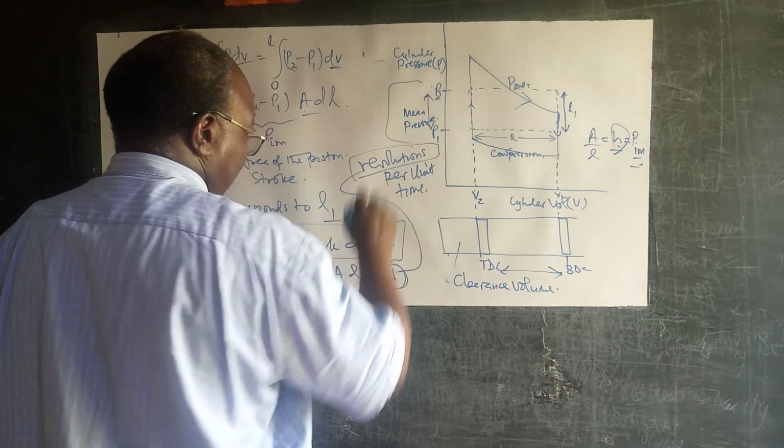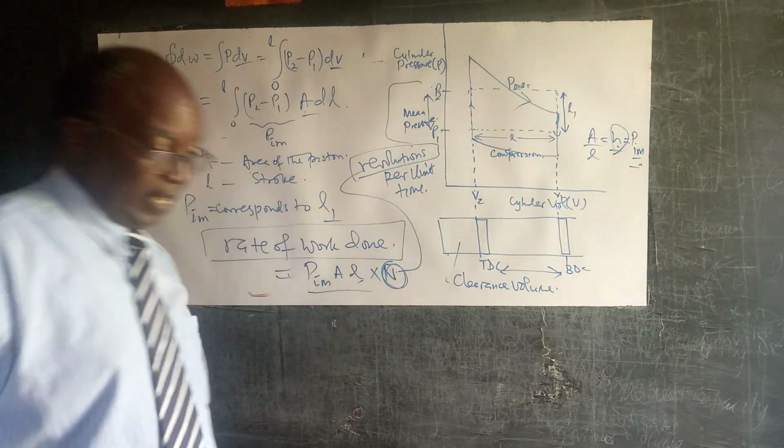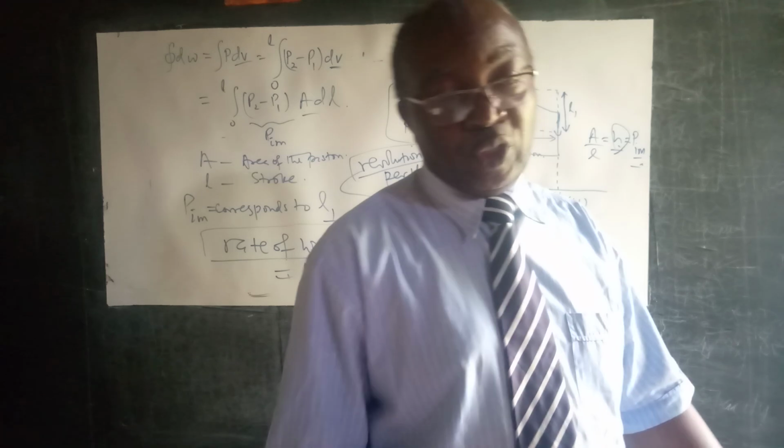If revolutions make you a bit nervous, just call it the number of cycles per unit time.